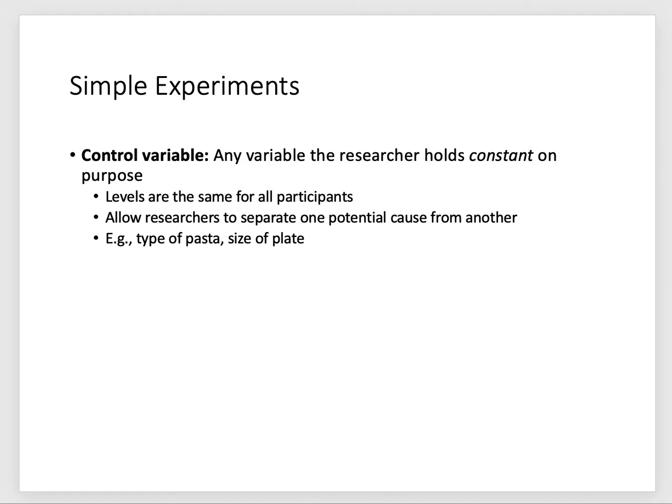Okay, so in the example that we talked about before with the pasta, potential confounds could be things like type of pasta, right? If everybody is not being served the same type of pasta, that could introduce some error or some variability. Maybe people are going to eat less of a certain kind of pasta because they don't like it as much, right?